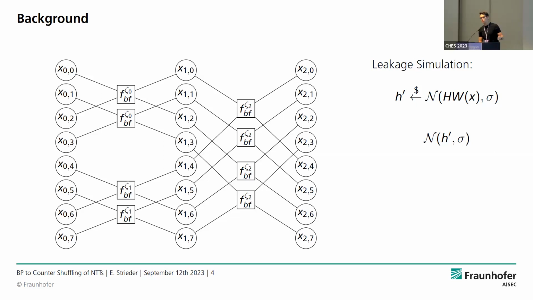And if you go on in the deeper layers, the twiddle factor blocks are getting bigger and bigger. That's important for our later attack. Yes, we simulated the leakage as usual, just taking the Hamming weight of the real value, putting it in a Gaussian distribution, and controlling the noise using sigma.